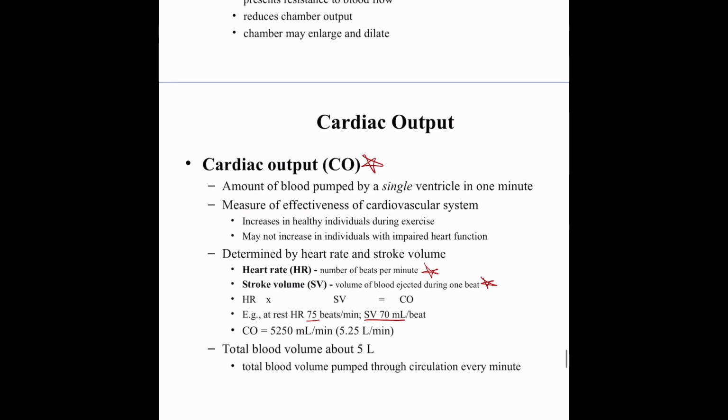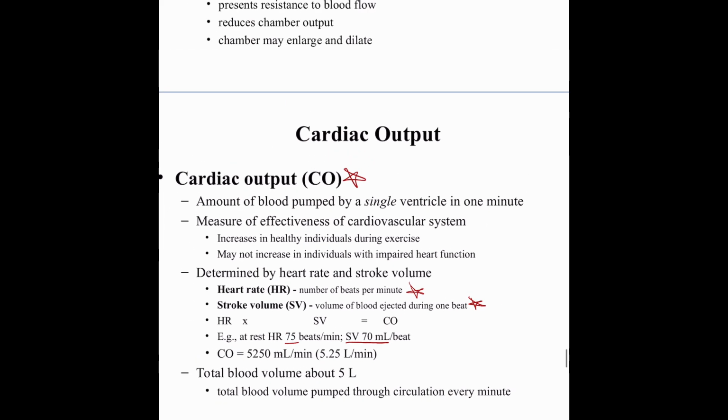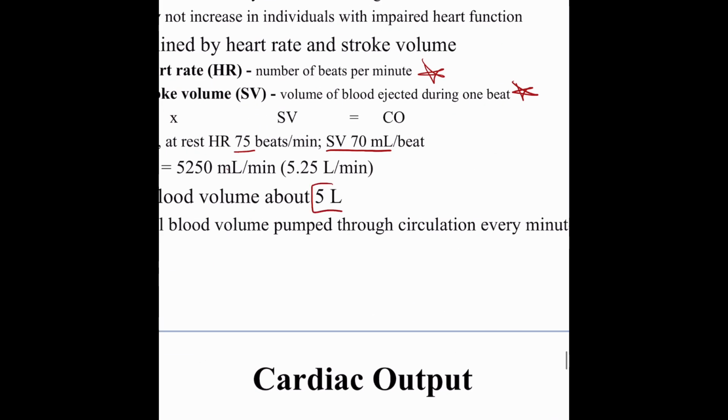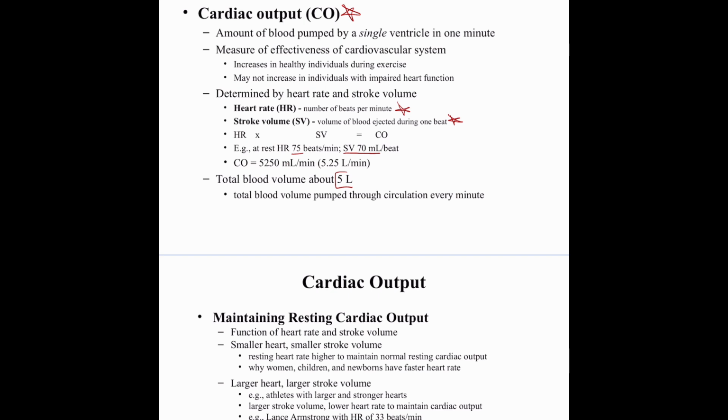Then heart rate, which we all kind of know. Stroke volume, again, is just as important as cardiac output. Volume of blood ejected during 1 beat. So in order for you to get your cardiac output, you would have to know the heart rate times the stroke volume equals your cardiac output, right?